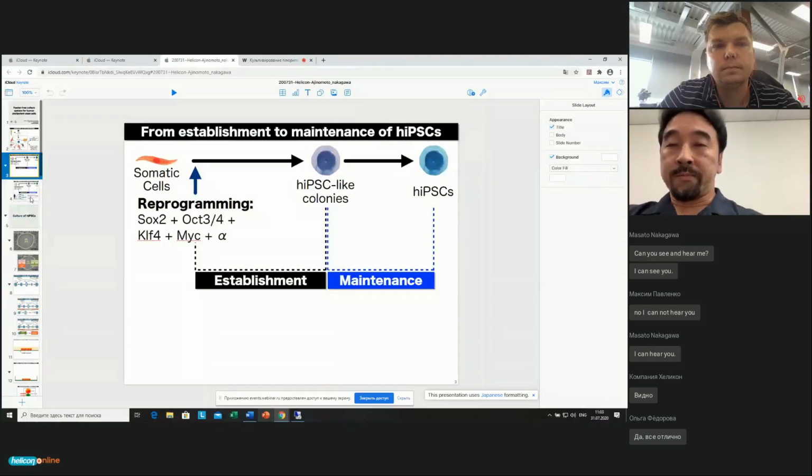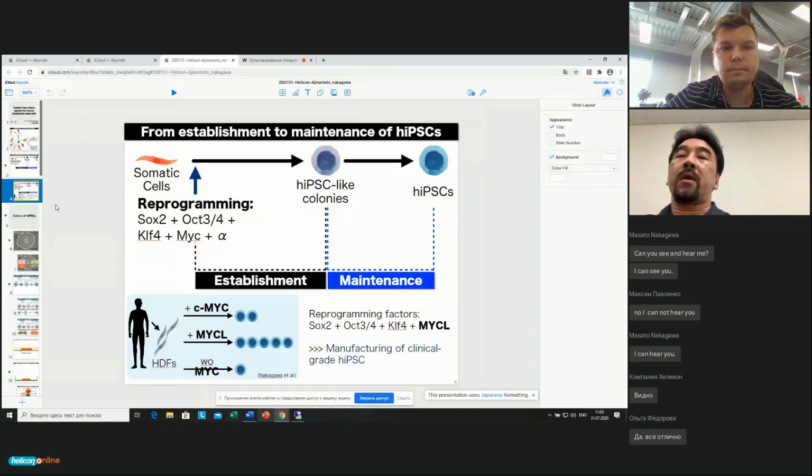So next slide, please. Very recently, we studied one of the reprogramming factors, MYC. The MYC gene is well known as an oncogene, and the first reprogramming factor set includes the c-MYC gene. Using c-MYC, we can generate the iPS cells.